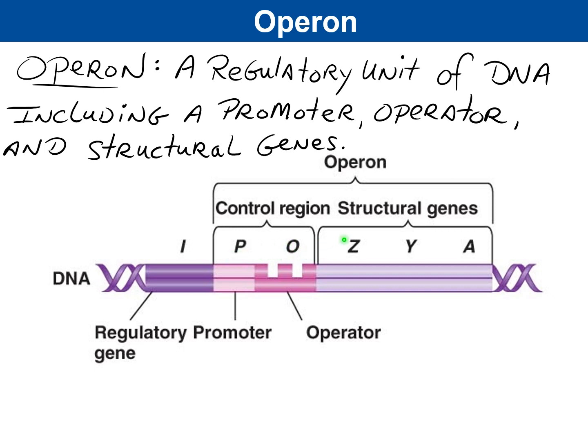And then you have the structural genes, Z, Y, and A. Structural genes can be labeled by different letters of the alphabet. In this particular diagram, the Z, Y, and A structural genes represent functional protein products that can be produced when the operon is turned on. The control region acts like an on-off switch to control whether the structural genes have the opportunity to produce their protein products.